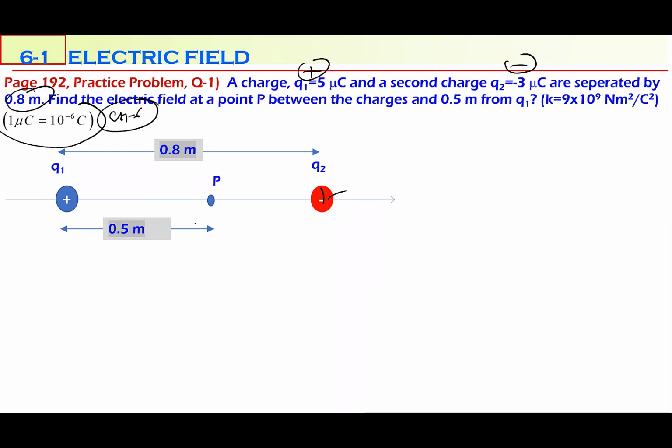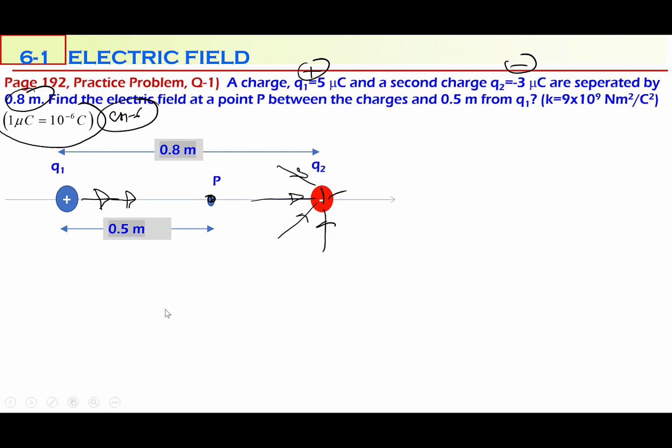So what is the net electric field here? At this position, both charges produce electric fields. We know for a positive charge, the electric field is away from the charge. For a negative charge, it is towards the charge. We just learned that. For that reason, at the location of P, both charges, Q1 and Q2, produce an electric field. Q1 produces an electric field to the right.